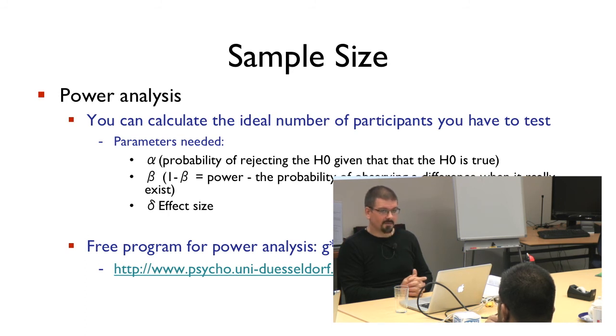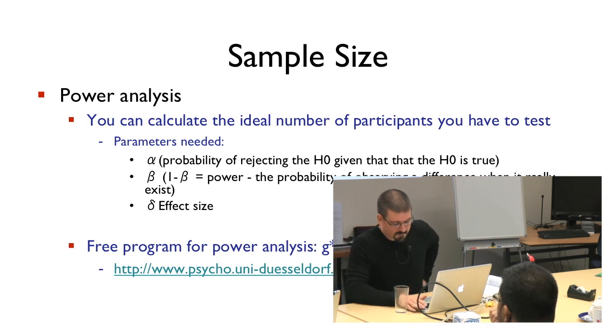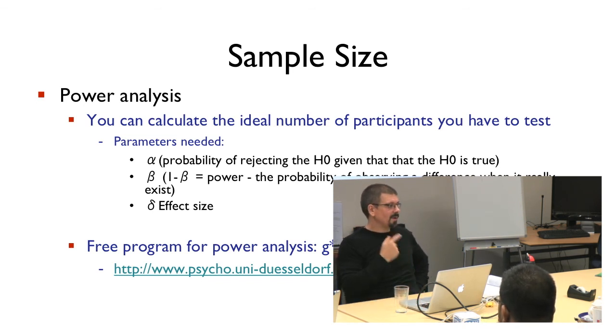You don't find it that often that somebody reports the effect size. So that can be one of the difficulties to come up with a good idea about the expected effect size. But if you have it, by all means, give it a try.